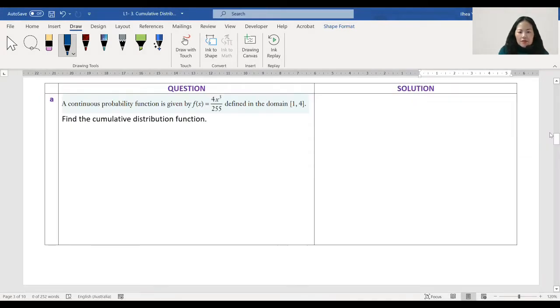So how are we going to find the general formula? F of x equals, now remember, the starting point doesn't change. It's the finishing one, where it goes up to, that's always going to change. So 1 to x, 4x cubed dx.